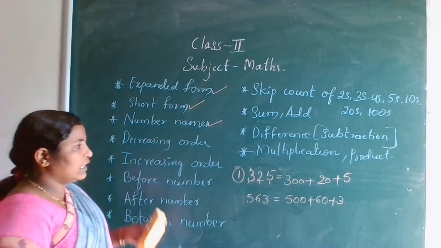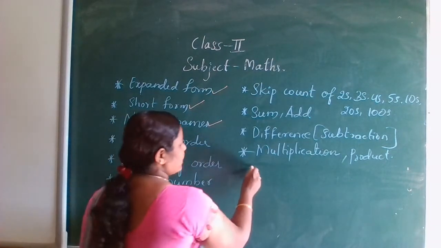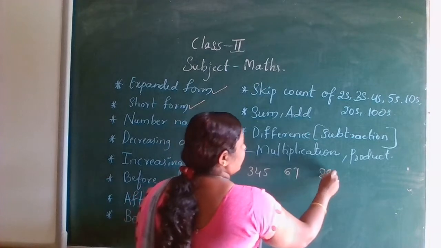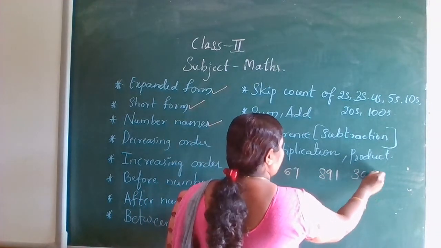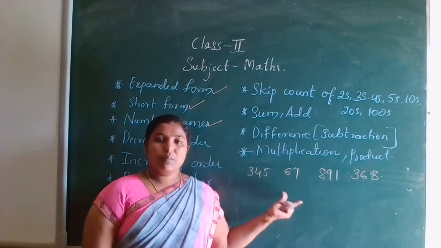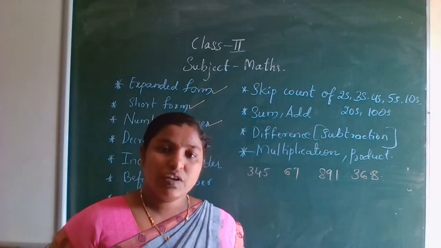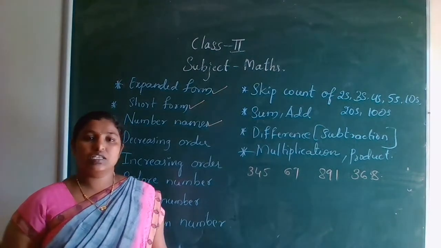Decreasing order, increasing order. They will give some examples like 345, 67, 891, 368. They will give some numbers. It may be 4 or it may be 3 or it may be 7. What should we write? We should write in decreasing order and increasing order.